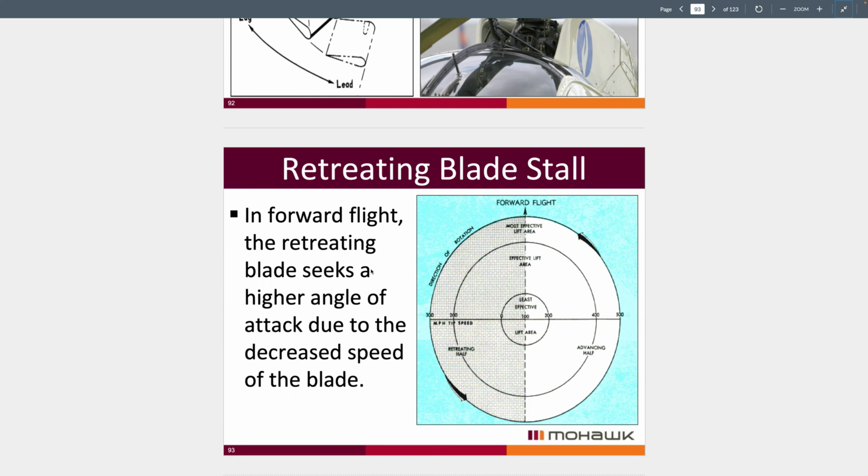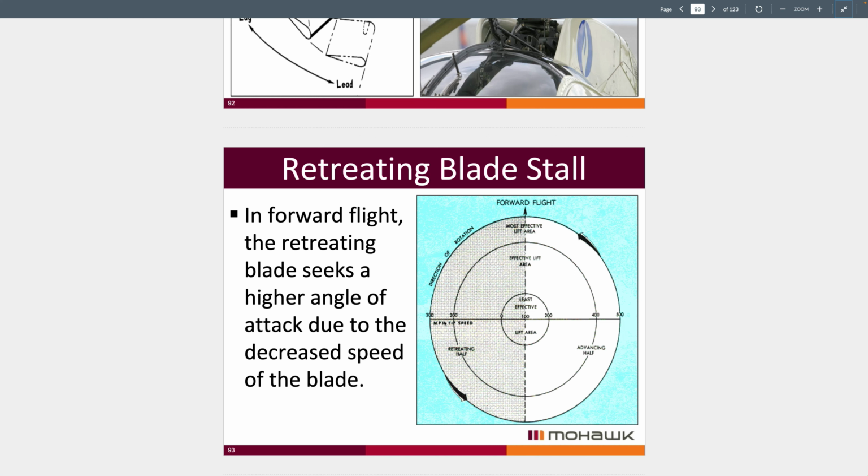The next issue that we encounter is retreating blade stall, because during blade flapping, the retreating blade needs to seek a higher angle of attack to compensate for the lower lift on the retreating half of the rotor disc. So if the helicopter was in forward flight, if the blades are rotating counterclockwise like they are here, on the retreating half we'll need to have significantly more blade angle of attack to produce enough lift.